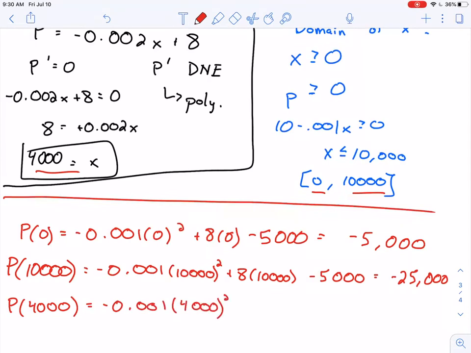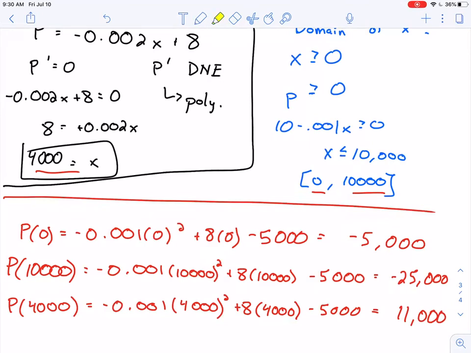So negative 0.001 times 4,000 squared plus 8 times 4,000 minus my fixed cost of 5,000. Oh goodness, thank goodness, a positive 11,000.